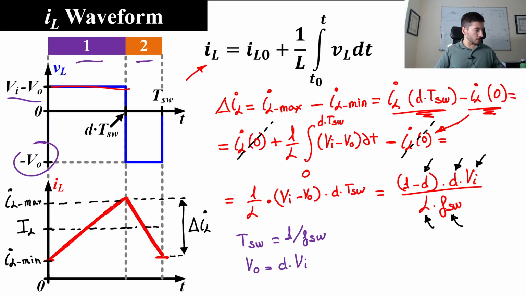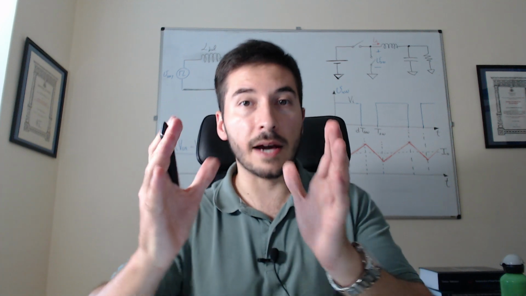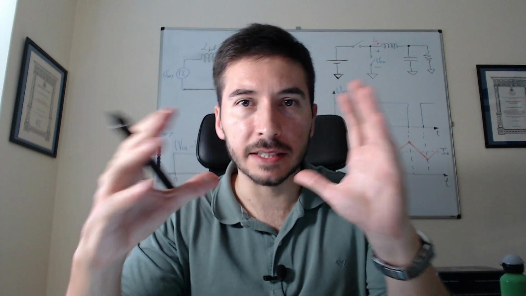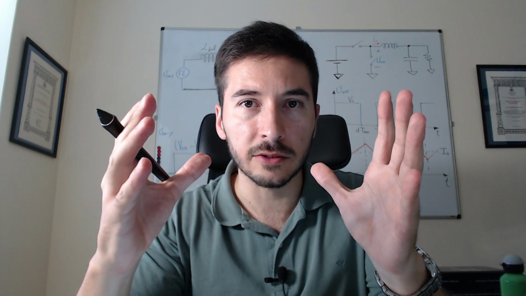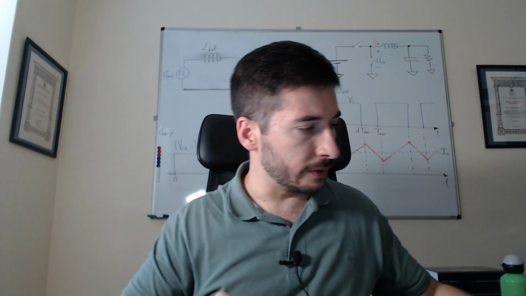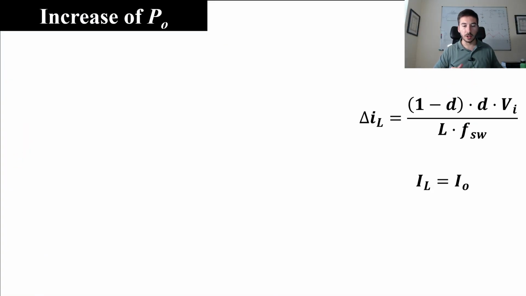Well, so what we are going to do now is to evaluate the impact of different operating conditions on our current waveform. First of all, we are going to evaluate what is the impact of increasing the output power.